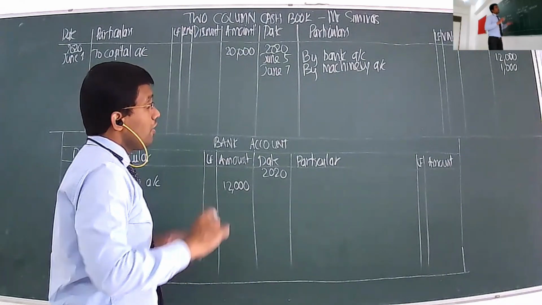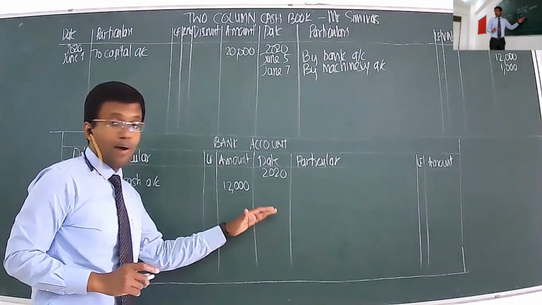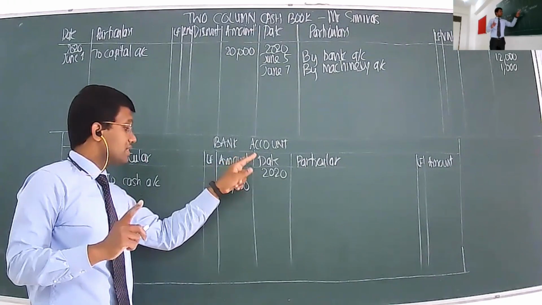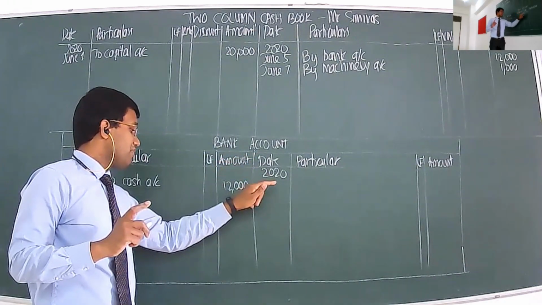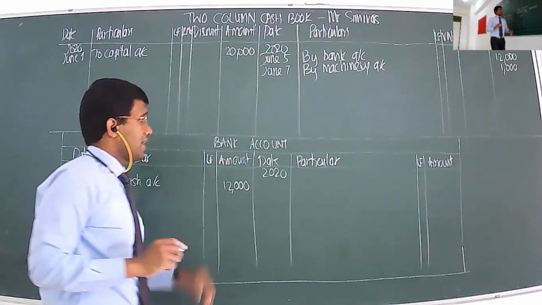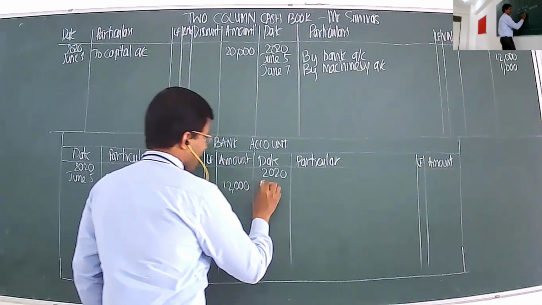Whenever it's a check payment, where would the amount go from? The amount would be going from your bank account. Remember the golden rule: debit the receiver, credit the giver. Is the bank receiving or giving? Here, the bank is giving.